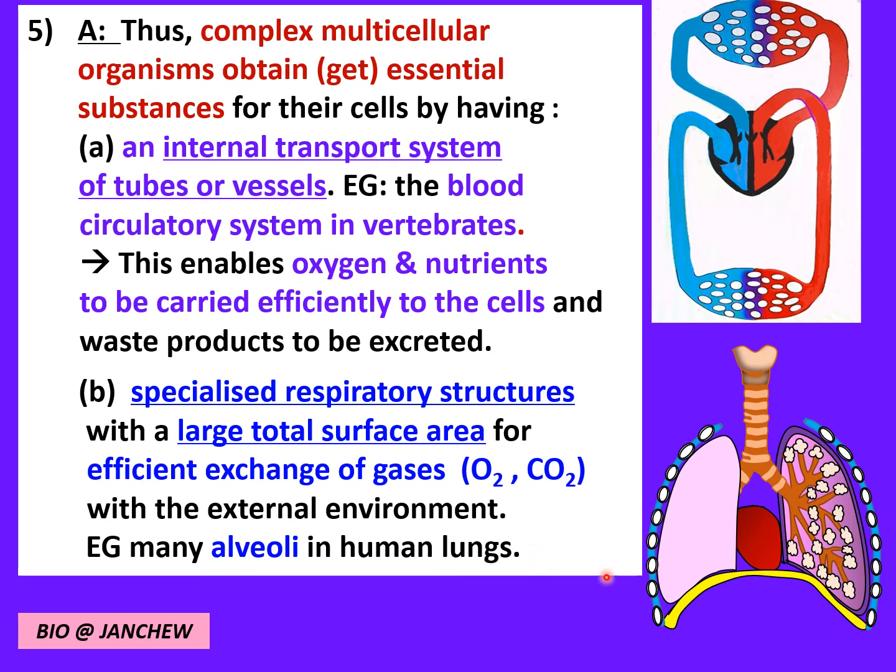Okay, so inside the lungs, we have a lot of alveoli that increase the total surface area so that there is faster exchange of gases between the air that is inhaled and the blood in the blood capillaries.